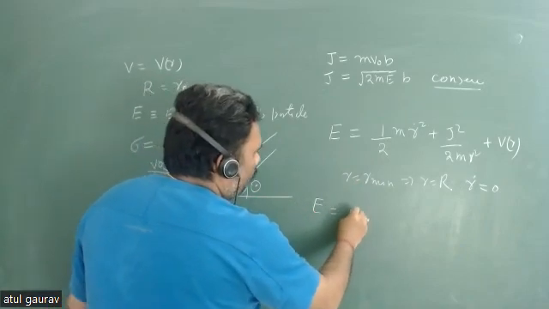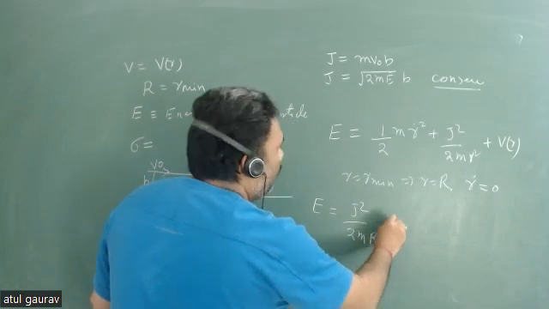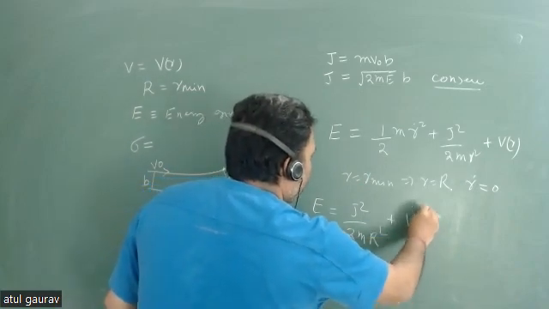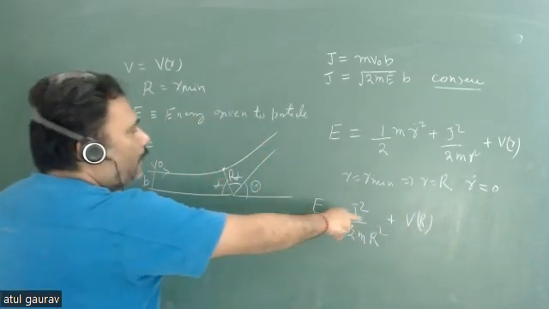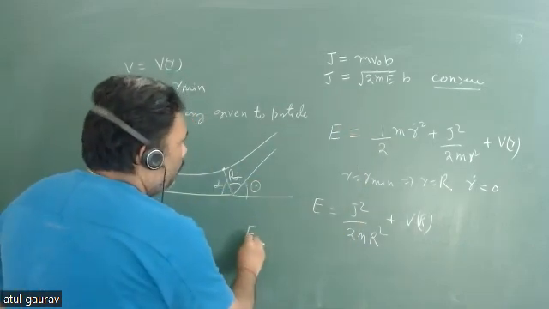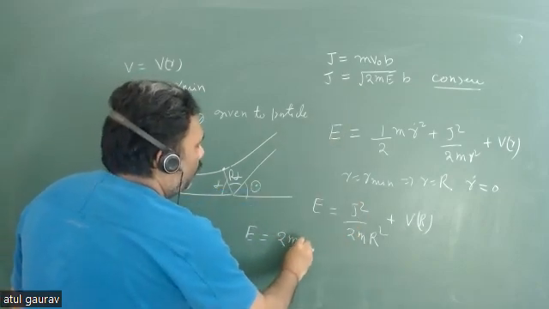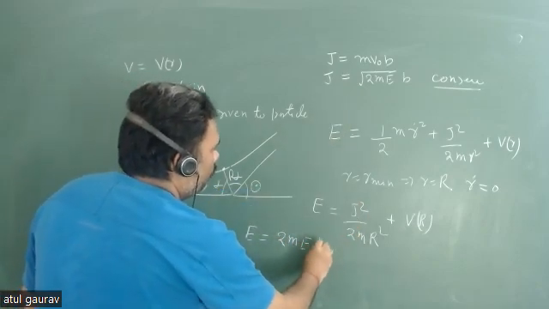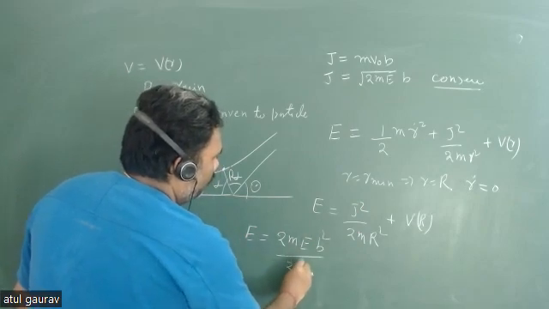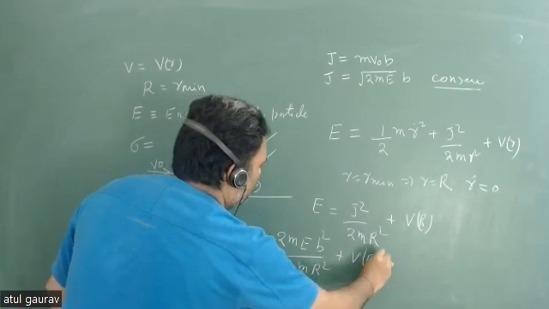Your E is equal to basically J square upon 2m R square plus V(R). And we can easily calculate the value of J from here. So we have E is equal to J square, we can write 2mE B square upon 2m R square plus V(R).